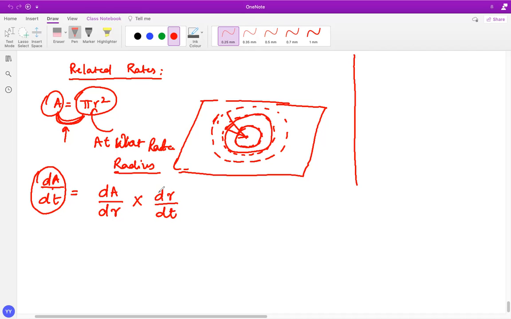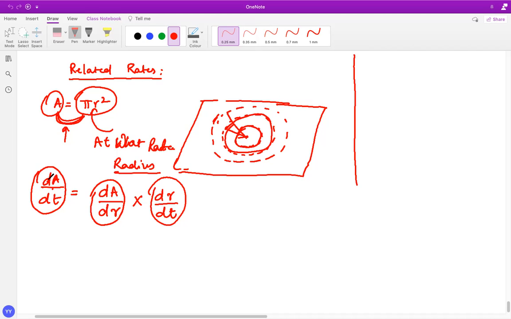You can see that with simple cancellation it cancels, but it has to do with a little more. The bigger aspect is the rate at which the area is changing with respect to radius times the rate at which the radius is changing with respect to time.